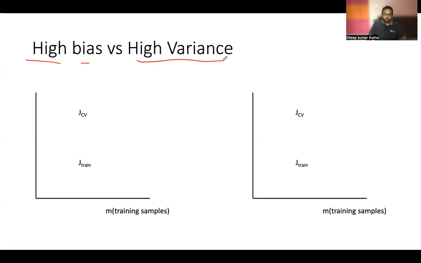Whenever we implement the algorithm and when we get the result, with the increase in training samples, the train error keeps going up, and it stays at some point. And the cross-validation error, initially it will be high, and with the increase in training samples, it decreases, and it will be nearly equal to the train error.